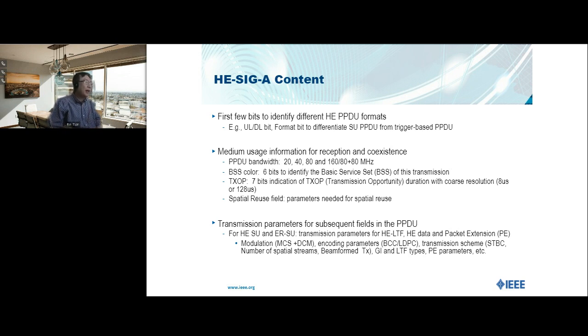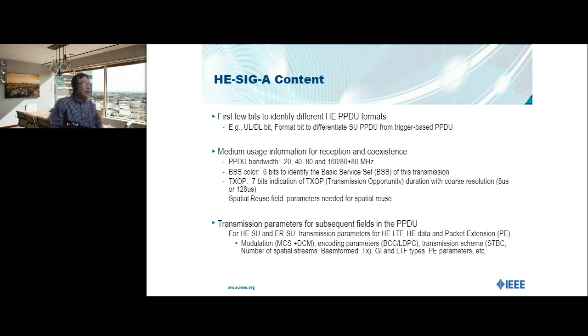Of course, because of limited bits, we can only afford to put 7 bits there with very coarse resolution, 8 microseconds or 128 microseconds. There are some details in the spec to tell you how to switch between these 2 resolutions. There are also some spatial reuse fields there that are needed for spatial reuse. We'll talk about that in the future.